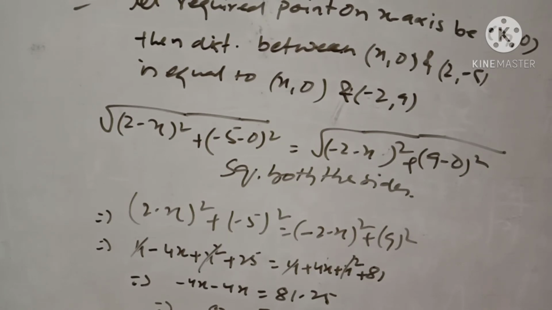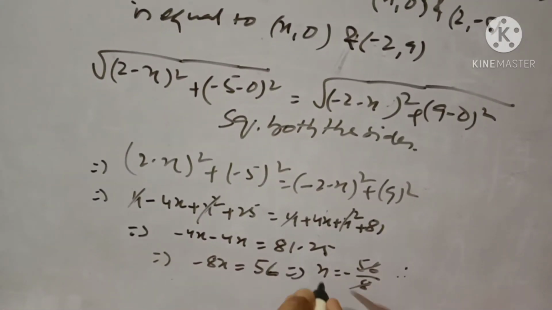Therefore x equal to minus 56 by 8, therefore minus 7.